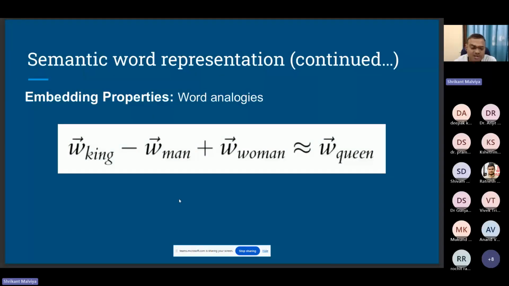This is one example of word analogy, where we can use word representation to solve some problems.